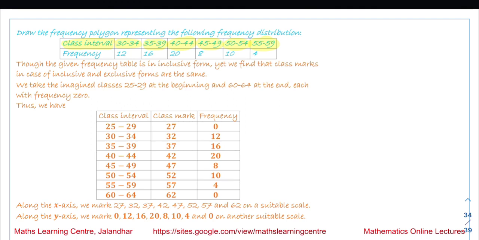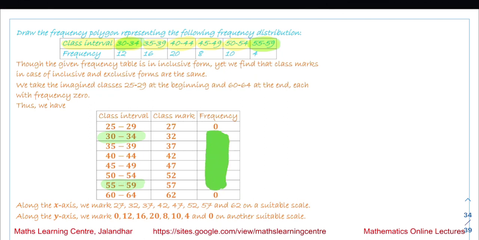So the first thing we have to do is find the class marks. We have written the intervals from 30 to 34, and the last interval is 55 to 59, and these are the corresponding frequencies.